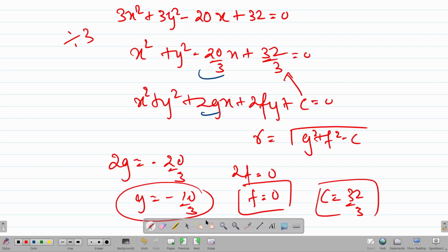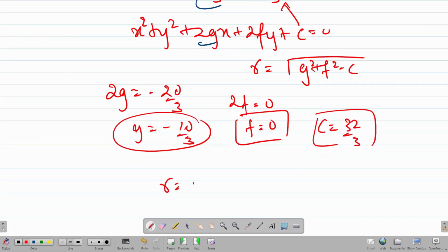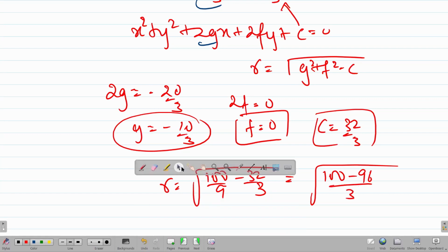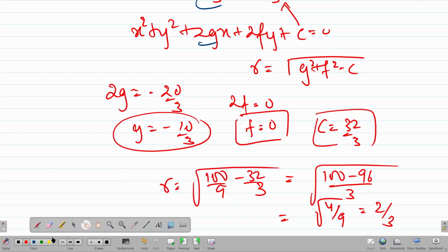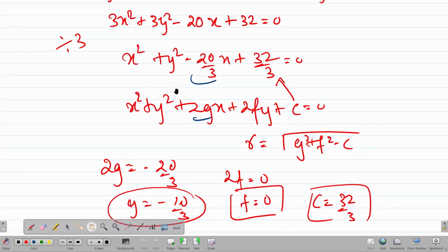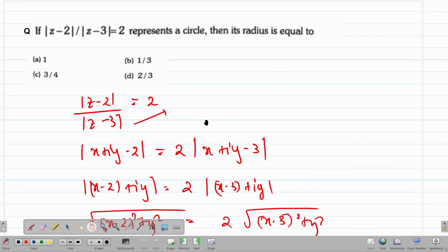Now I put these values in the formula of radius, I get 100 by 9 minus 32 by 3. On taking LCM, this is (100 minus 96) upon 9, and that is the whole root of 4 by 9, that is 2 by 3. So my correct option is here. The radius of this circle is option D, that is 2 by 3.